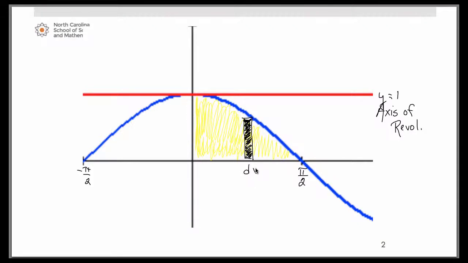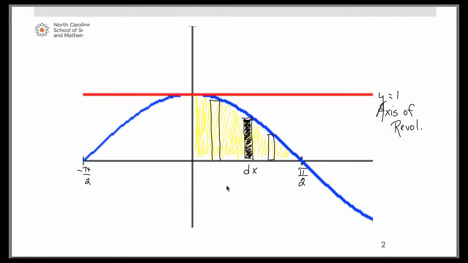So this is a dx problem because of the vertical orientation of our representative rectangle. And you can see that depending upon where you drew that rectangle, the hole is kind of bigger. So like over here on the right, you'd have a much bigger hole there than maybe over here. If you drew the rectangle over here, you have a teeny tiny little hole right in there.